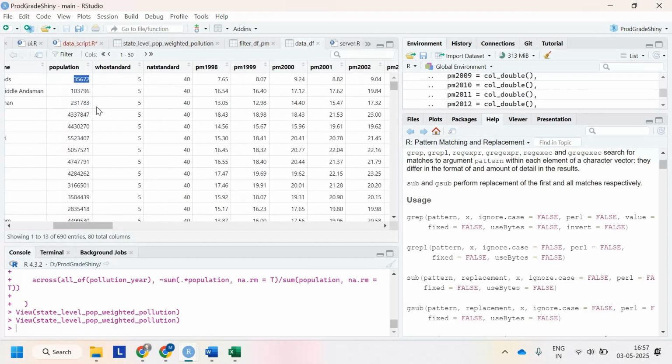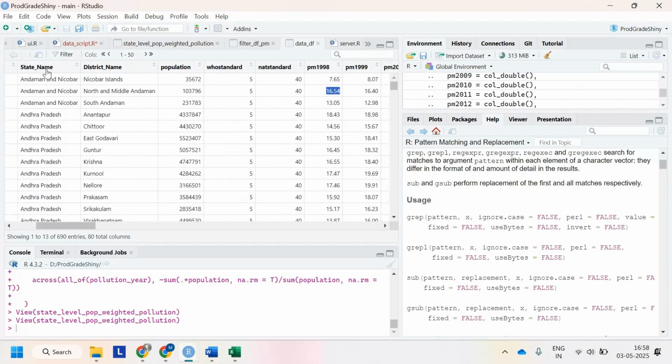So in the data you can see we have the state name, and in a state there are 3 districts in this data set, and for all the districts these are the populations.